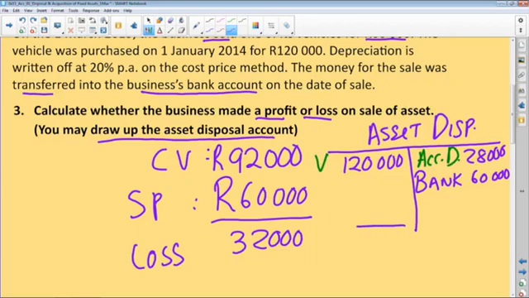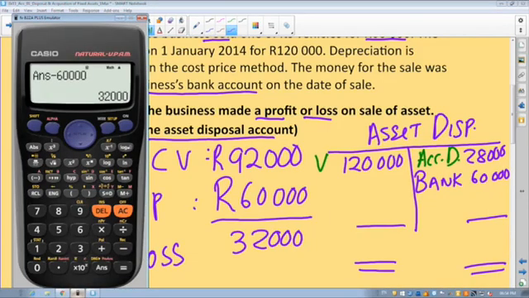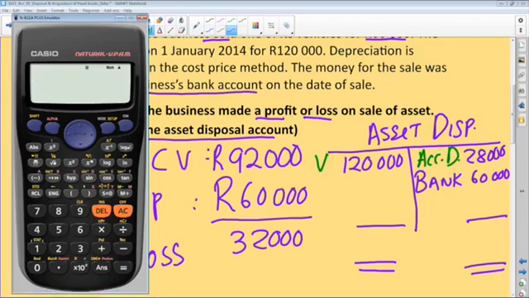Okay, so when we now work out whether we made a profit or a loss on sale of asset, okay, remember, in terms of your ledger accounts, if you credit asset disposal, you've made a loss. If you debit asset disposal, you've made a profit. So in this case, we've obviously made a loss, but let's just show you guys quickly. So on the debit side, I've got 120,000, minus, on the credit side, I've got 28,000 minus another 60,000.